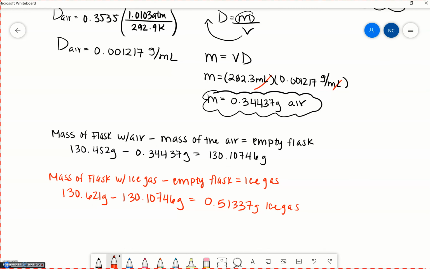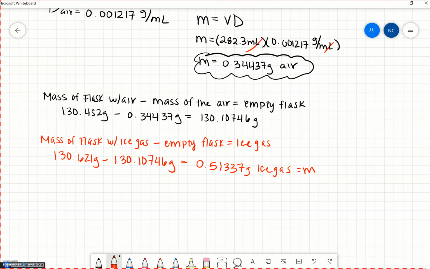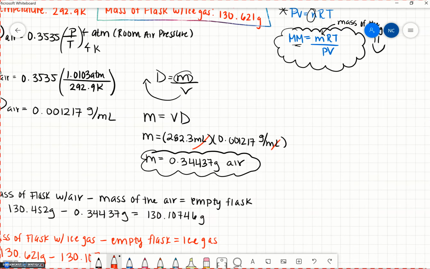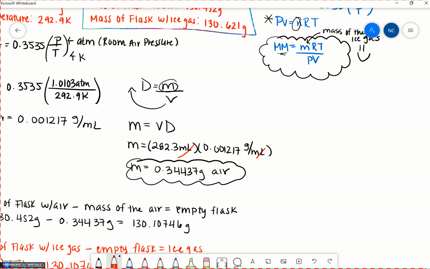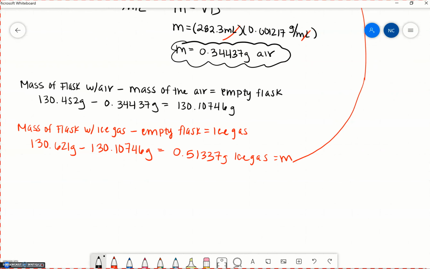Now, that is your m for this equation up here. That is your m. So now just plug it in. So molar mass equals the mass of the ice gas times RT over PV. So 0.51337 grams.